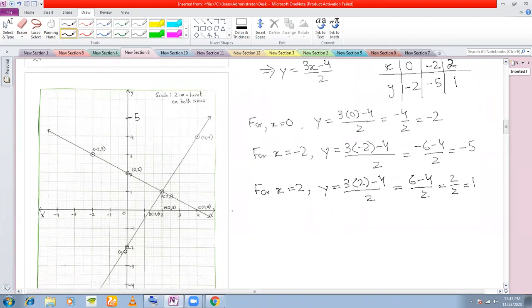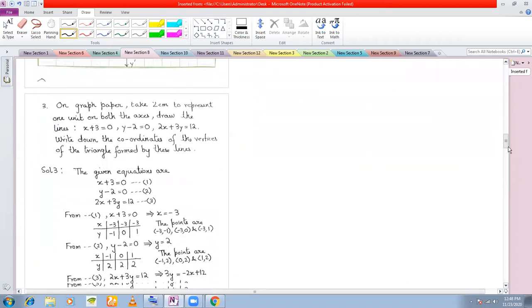So what are the coordinates that you are getting? The coordinates are 0, -2, then -2, -5, and you're getting the third as 2, 1. So these 3 points you are getting. Let us try to plot these points now.